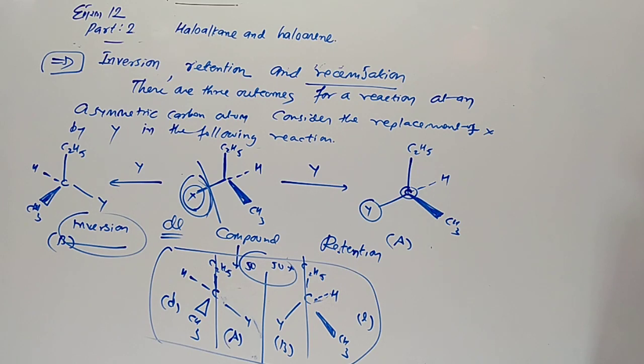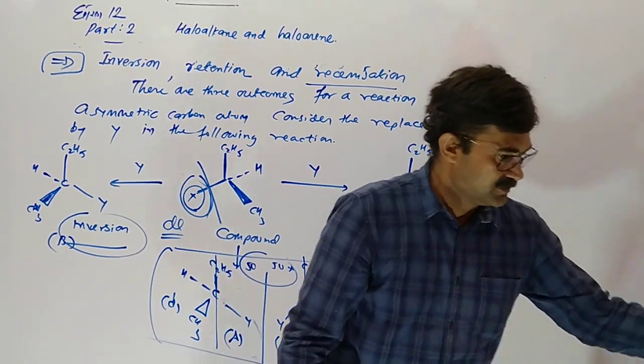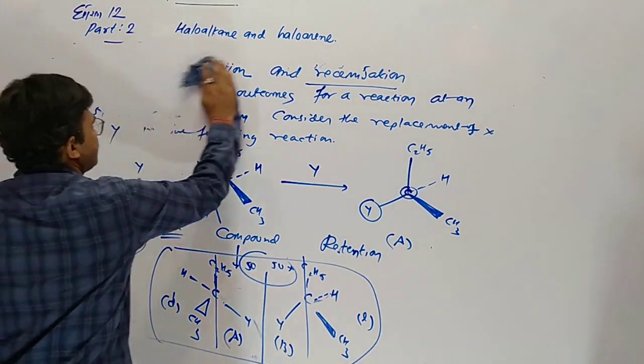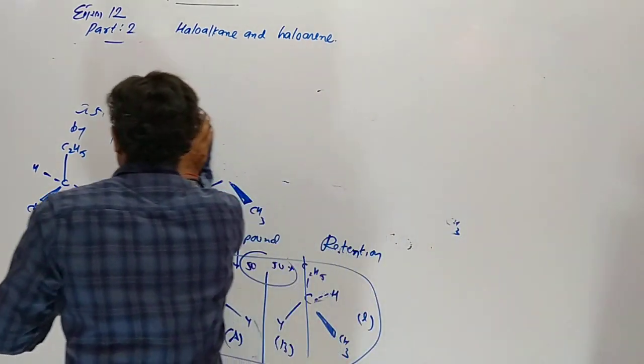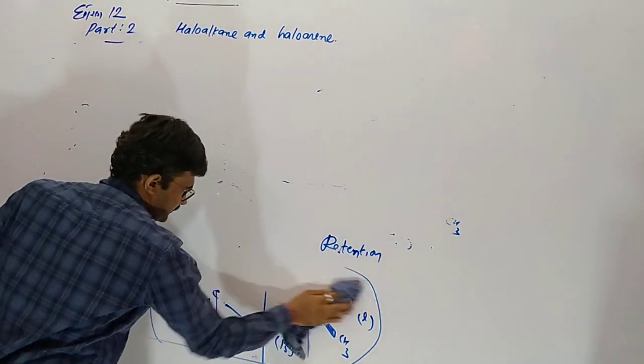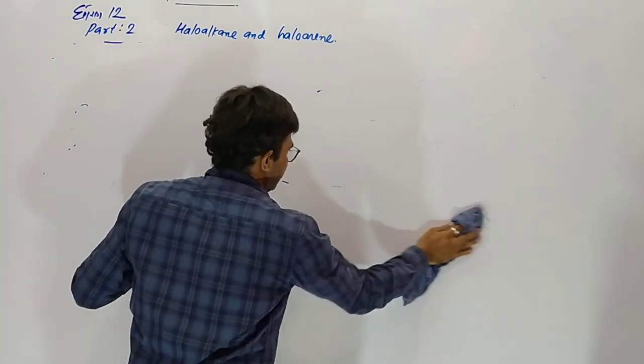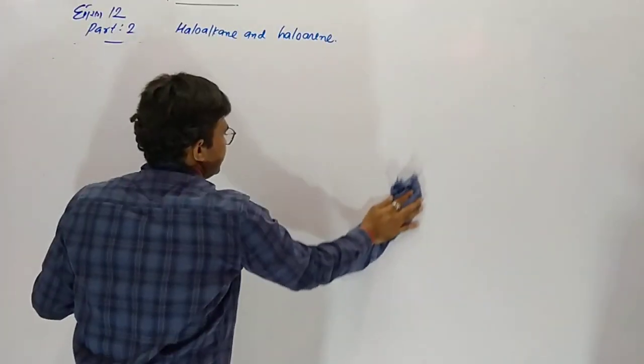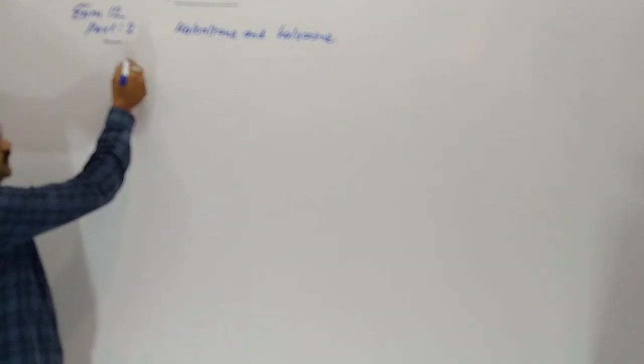Now let us see in which condition it gives retention, inversion and racemization. We have to discuss it. We discussed the three ways, but now we will discuss the particular reason for each: in which case it gives racemization, in which case retention, and in which case inversion product.